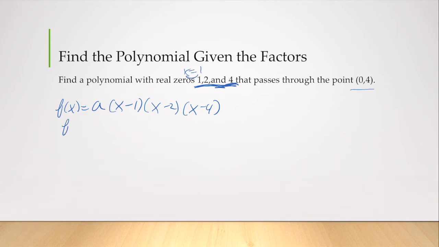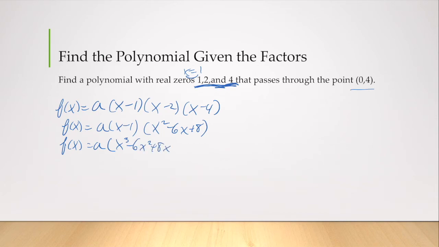So I have f of x equals a times x minus 1 times x squared minus 6x plus 8. That gives a times x cubed minus 6x squared plus 8x minus x squared plus 6x minus 8. So f of x equals a times x cubed minus 7x squared plus 14x minus 8.